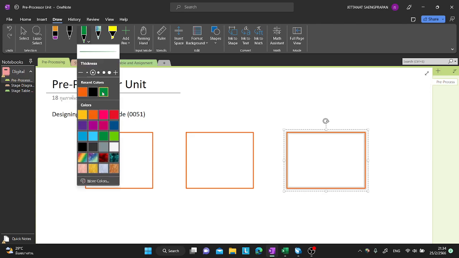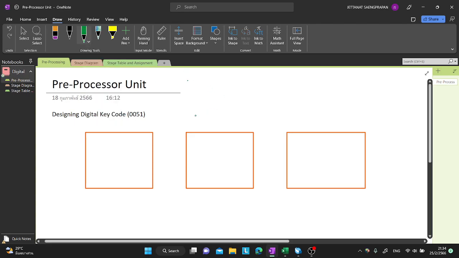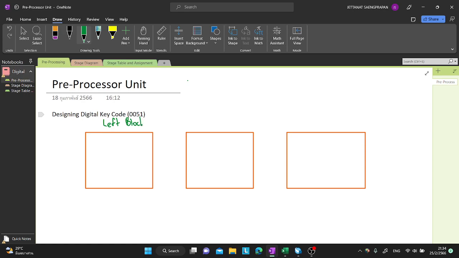The preprocessor unit explains how the whole circuit works. It has three blocks. The first block is called the left block, the second one is the middle block, and the third one is the right block.